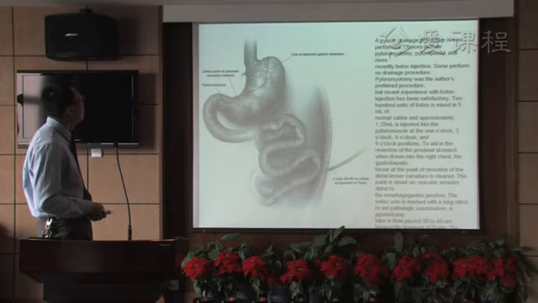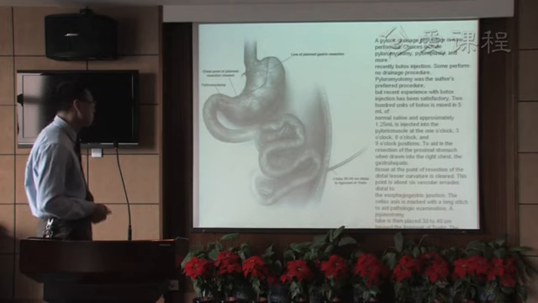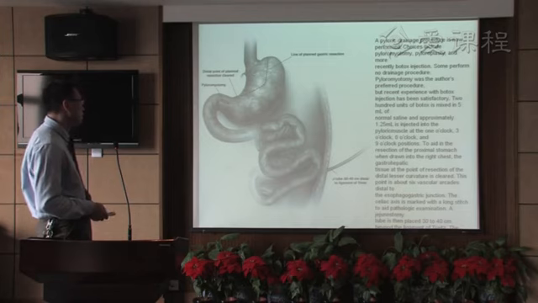Then plan the gastric resection line and insert a jejunostomy tube 30 to 40 centimeters distal to the ligament of Treitz.